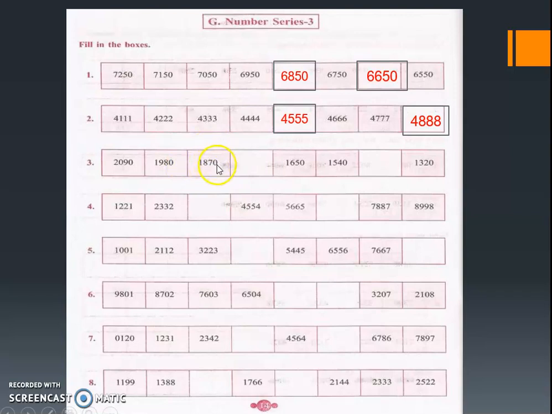Subtracting 10, 1760 will come. So that will be the answer for this. Likewise 1540, if I subtract 110, then I will get 1430 as the answer. Correct? So the same pattern, the same series, was followed to subtract here also, right?